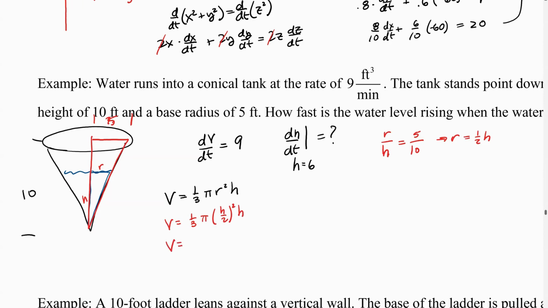So what do we get here? V is equal to 1/3 pi, what would that be? H cubed over 4, or pi over 12 H cubed. Let's take the derivative with respect to t of both sides of that equation.